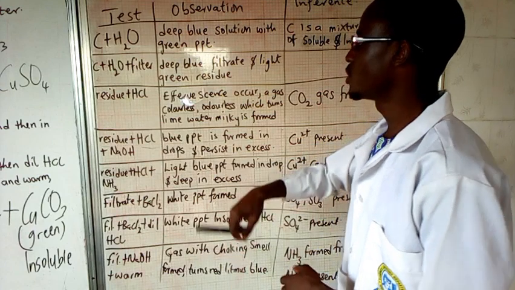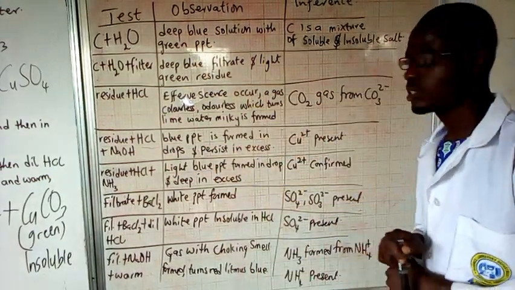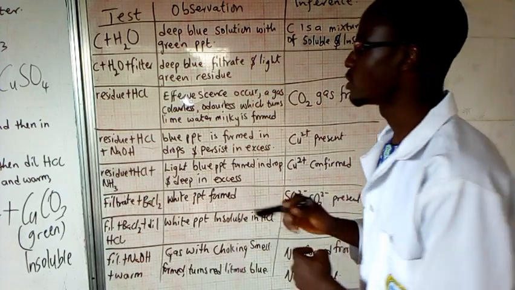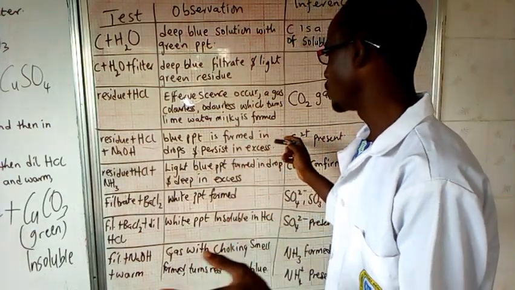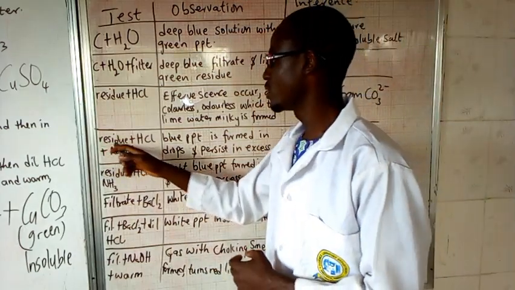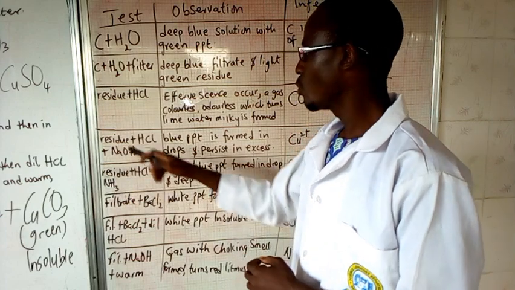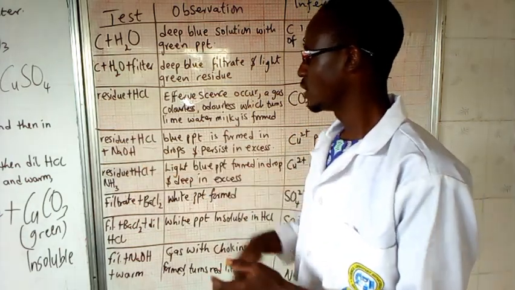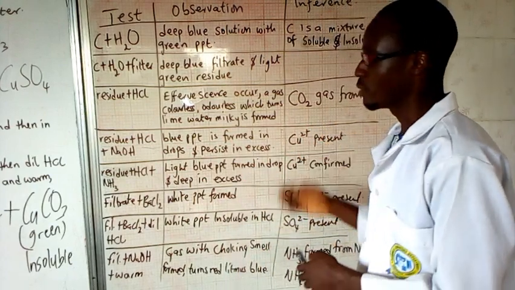The next one says residue plus HCl, effervescence occurs, we suspect CO2 gas from CO3 2-. When we added HCl, there is a blue precipitate formed. Hereafter, we have residue plus HCl plus NaOH. Since everything occurs at the same time, we confirm Cu2+.